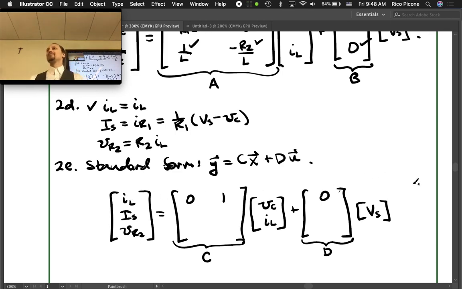Right? Nice. The second row is going to express this second equation, which says that IS is equal to negative 1 over R1 times VC, and then there are no IL terms, right? So 0 times IL and 1 over R1 times VS. Okay.